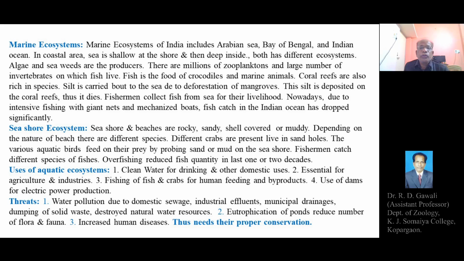Then increased human diseases. The third important threat to the natural water resources is increased human diseases.